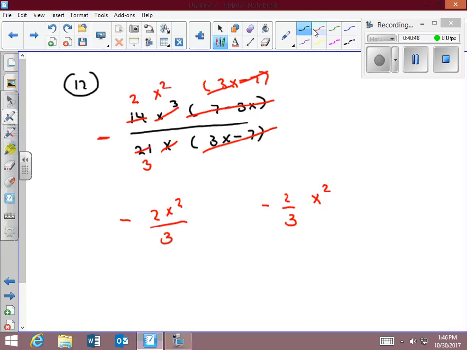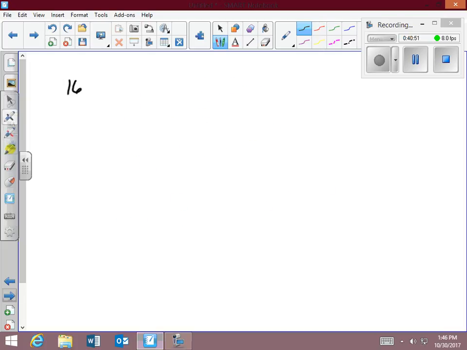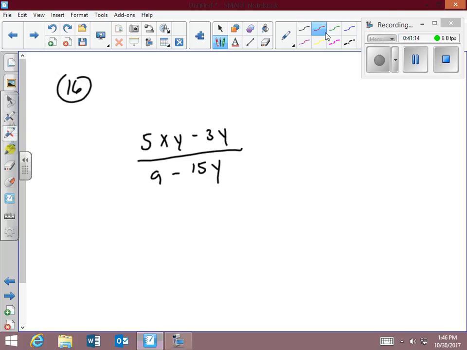16. Five xy minus 3y over 9 minus 15x. Now, if you look at that numerator, you can see there's a common factor, right? So write that thing as a y up front, (5x minus 3).